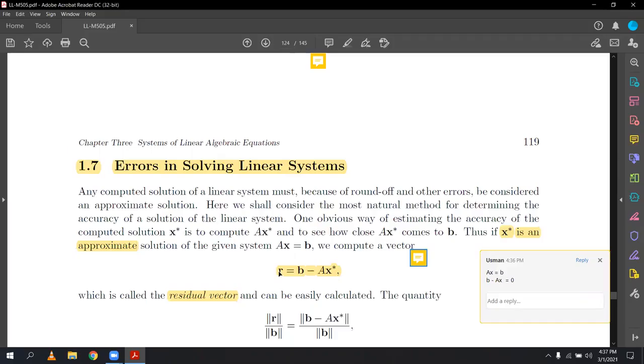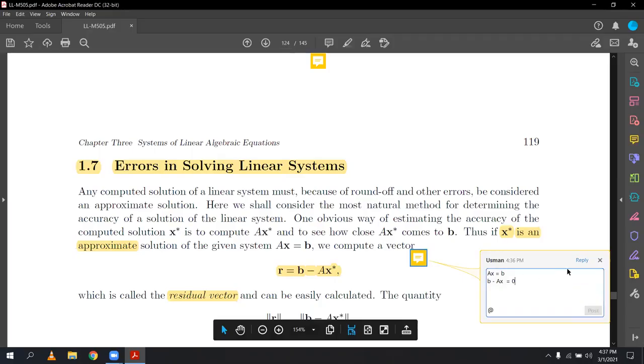It means if this vector is very small, what does this mean? This means your error should be small. Error is what?